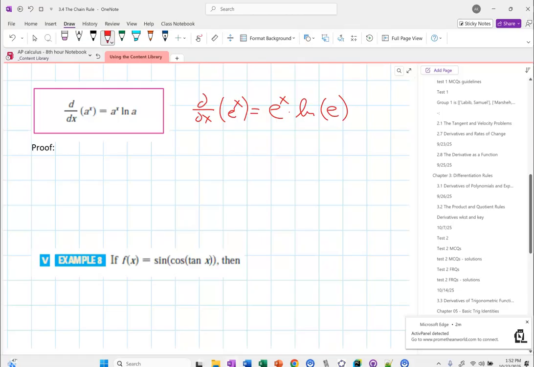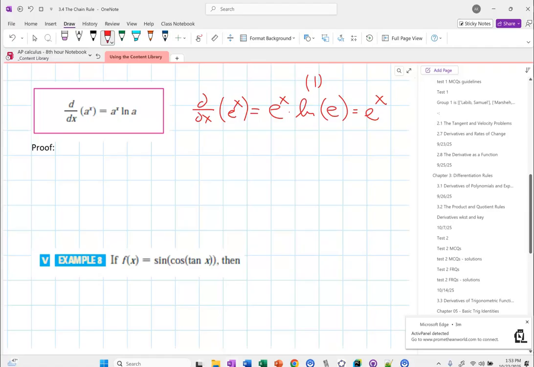So if I follow that new derivative shortcut, the derivative of e to the x should be e to the x times the natural log of e. What's the natural log of e? 1. So this is still e to the x, which is what we should get. Everybody agree? So this new rule seems to cover that old rule, which is what we want. It's a generalization.